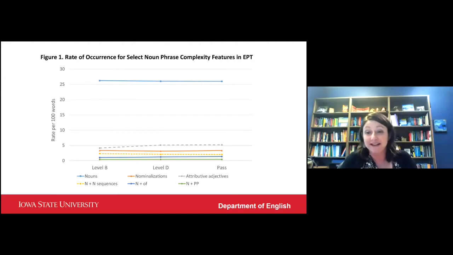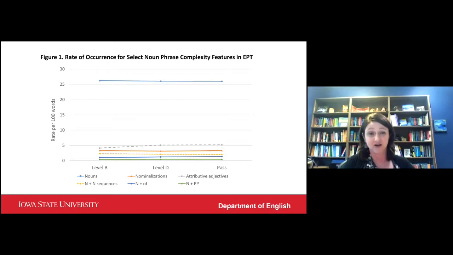So what we get is a graph that shows not a lot of difference between the levels of these graduate students. This shows mostly the phrasal complexity features, things like nouns, noun plus noun sequences, nominalizations, attributive adjectives, noun plus prepositional phrases. And you can see that really there's not a whole lot going on here.